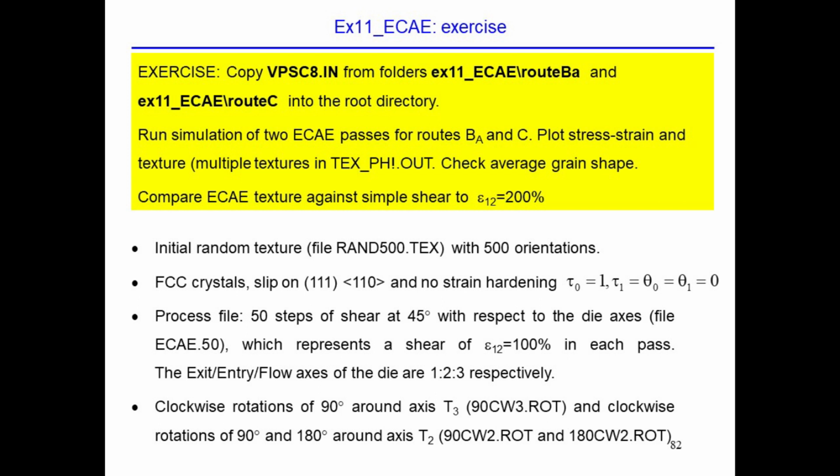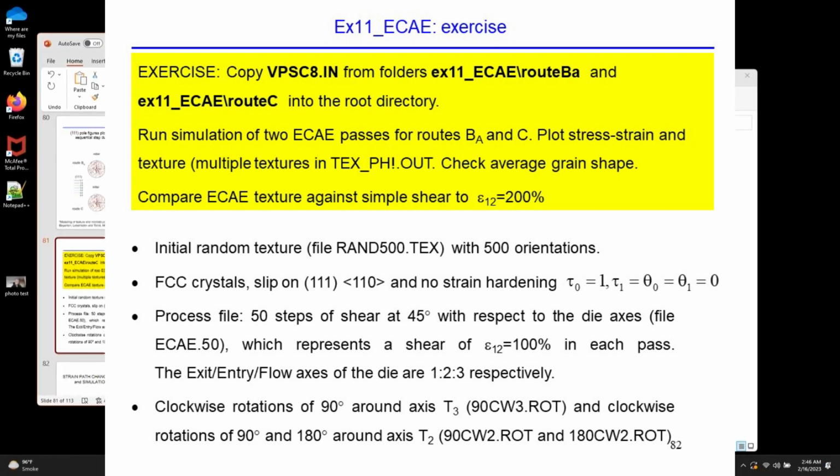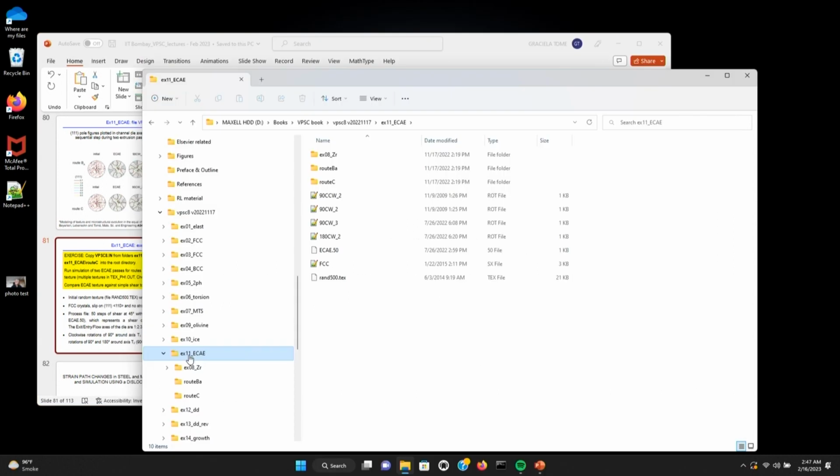I'm going to do it on my own here, but mainly for the benefit of the record. So if someone looks into this record, they can see the steps. I go into example 11, and then I'm going into route C in example 11.